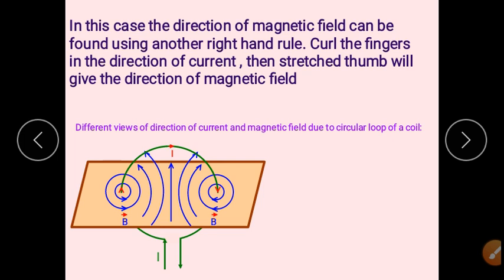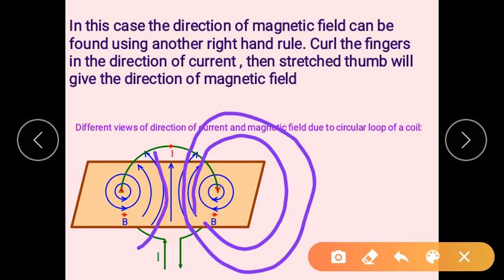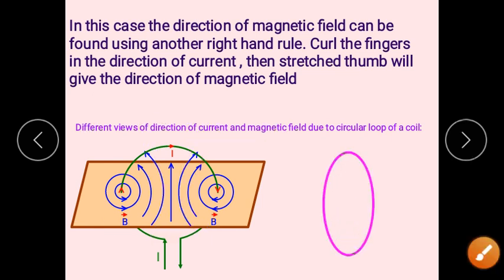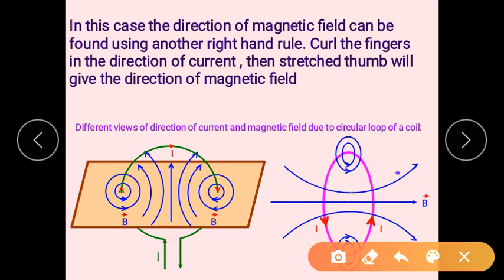And you know magnetic field forms closed loops, therefore they will be into the plane and they will form closed loops like this. Here it is shown very clearly. If the current is flowing in anti-clockwise direction, the magnetic field will be like this. You can see your stretched thumb will point like this, and here it will form closed loops like this.